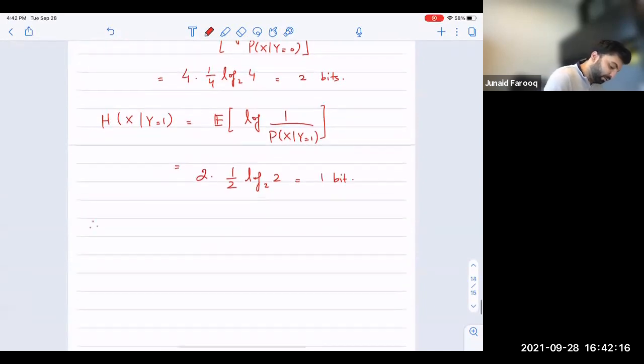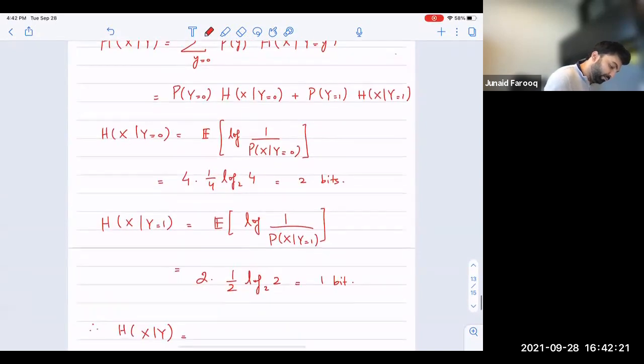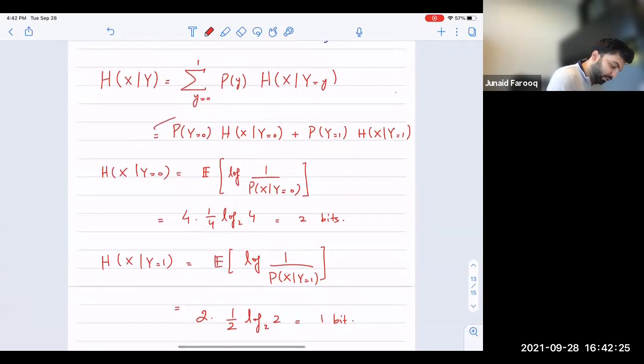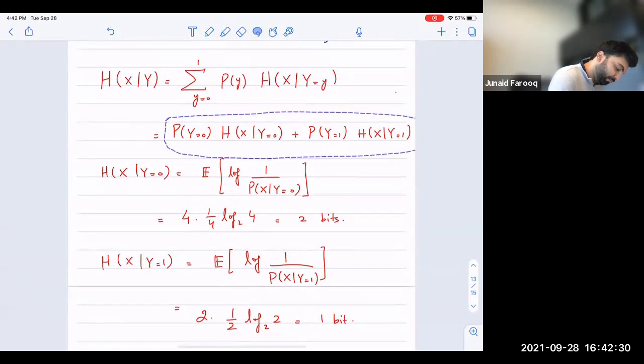Right, so therefore the h of x given y is now this thing here. Let's grab it.